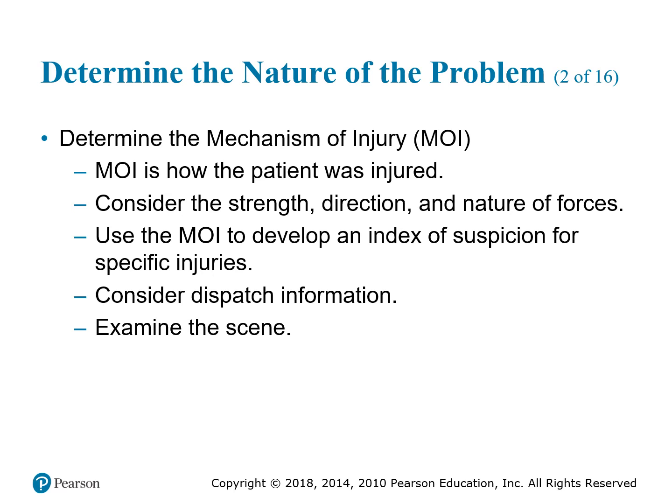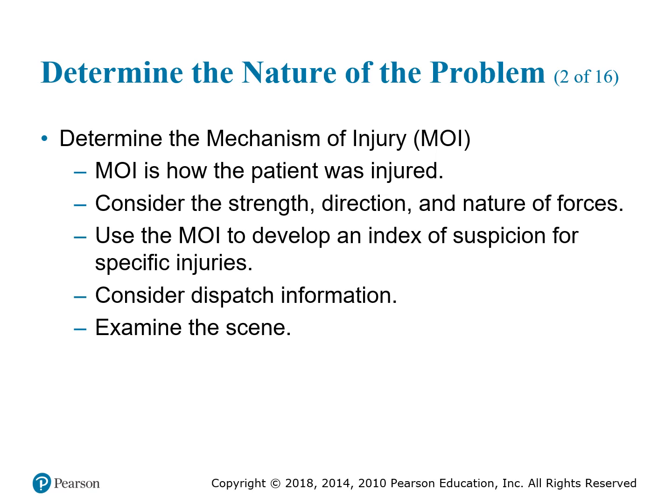All right, use your mechanism of injury to develop an index of suspicion for specific injuries. When we talk about trauma, we're going to find out how vehicle collisions, based off the impact, can give us a certain injury pattern. Like a frontal vehicle collision, we're looking at the patient going into the steering wheel, so injuries to the chest, injuries to the face, injuries to the lower extremities if they go down and under into the floorboard.